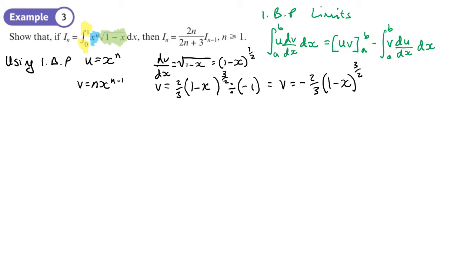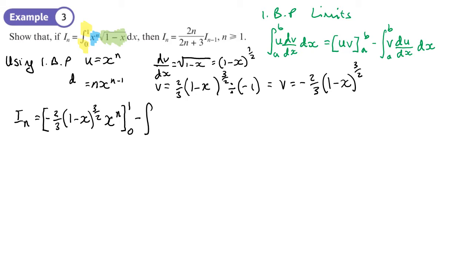So I'll put this into the integration by parts, remembering that we have limits. So I sub n is going to be equal to uv with the limits applied. So that's -2/3 (1 minus x) to the power 3 over 2 times by x to the power n, and the limits are 0 and 1, minus the integral of v du dx, and I've just realised I shouldn't have put v there.